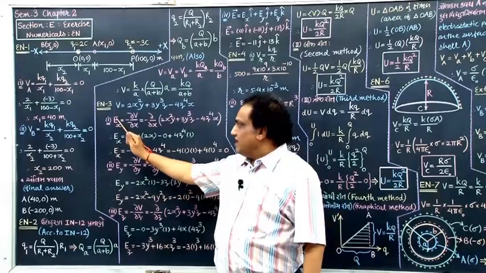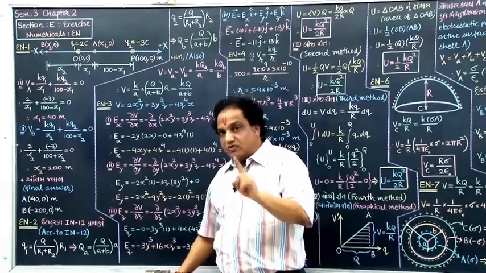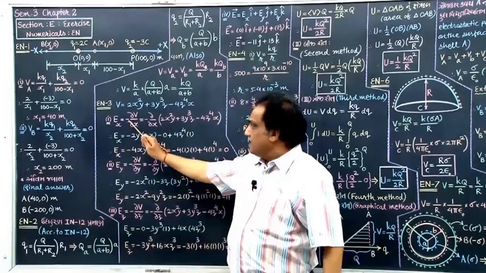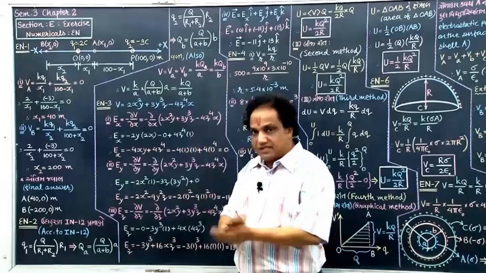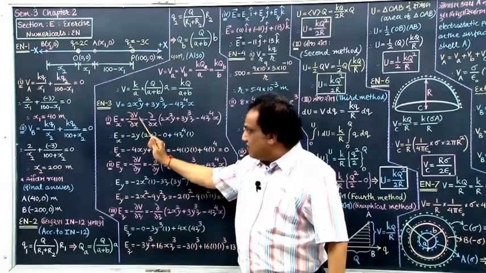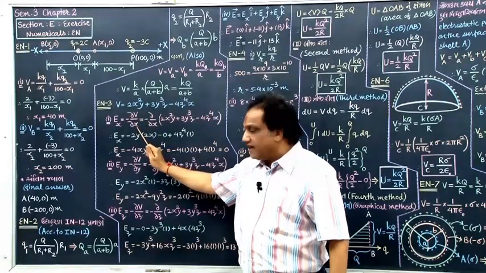First of all, we go for finding Ex. As you have studied in the theoretical part of the chapter, it is minus del V by del x, that is the negative value of the partial derivative of potential with respect to x.